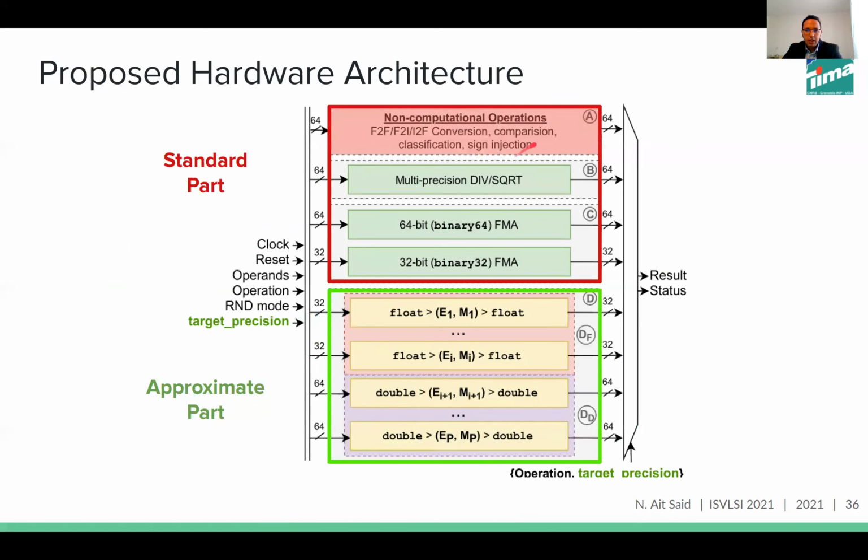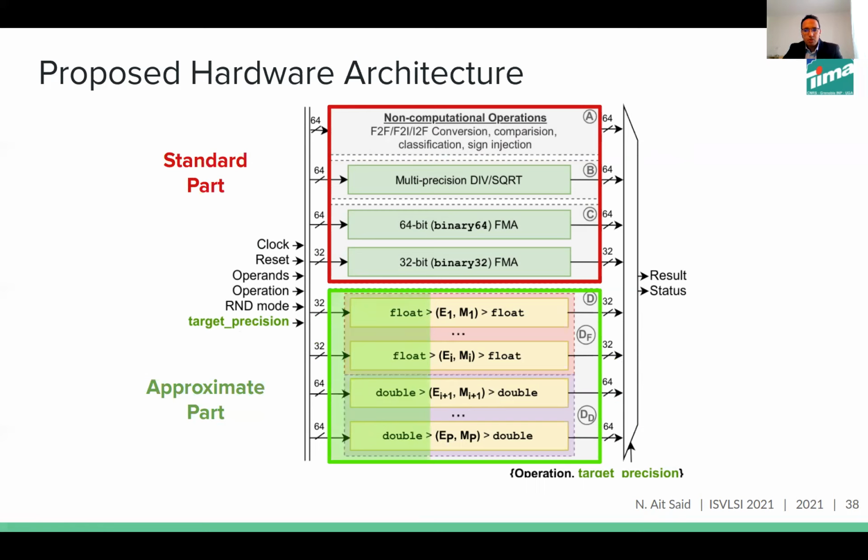This part here contains non-computational operations such as conversion and comparison. A second block executes the square root and division operations, then fused multiplication addition, FMA blocks in 32 and 64 bits.